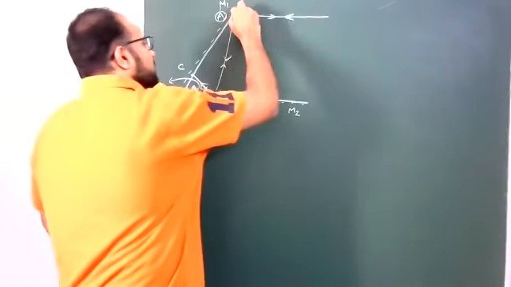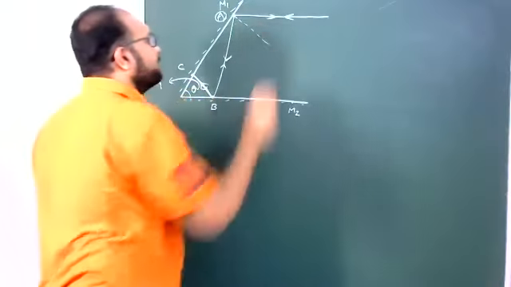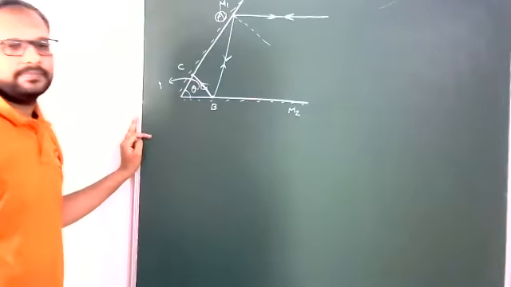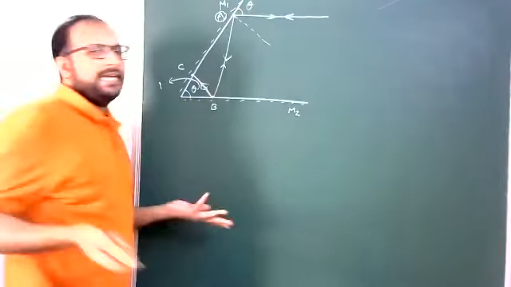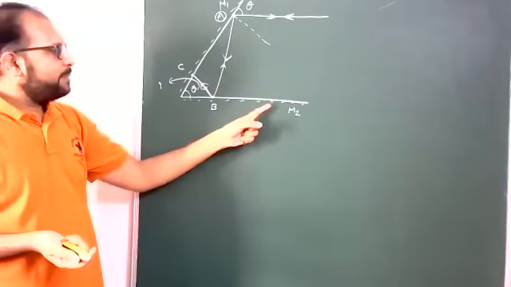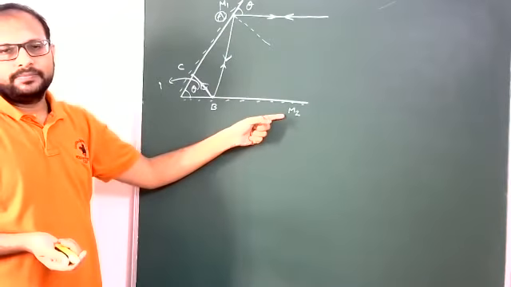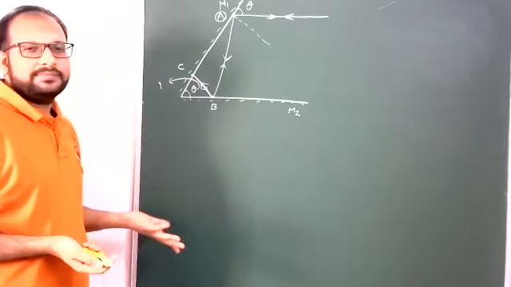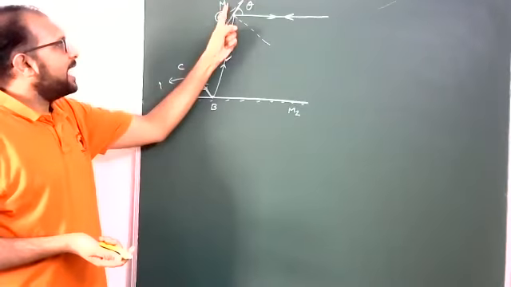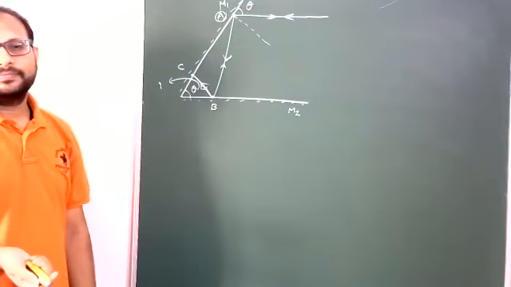Students, here this is the normal to M1. This angle is theta, already given, because this light ray is parallel to M2. Now the M2 M1 angle is theta. That's why this light ray and M1 also make angle theta.